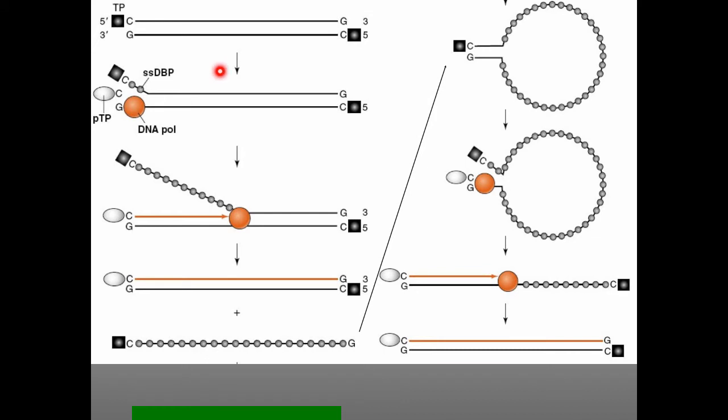In theory, you could just do this process again and again and again. This end, again, terminal protein, replicate it back in the other direction. In order to get lots of copies of the DNA genome, what seems to happen is these single strands can then also base pair with each other at these inverted terminal repeats. So remember, this sequence right here is identical to this sequence right here.